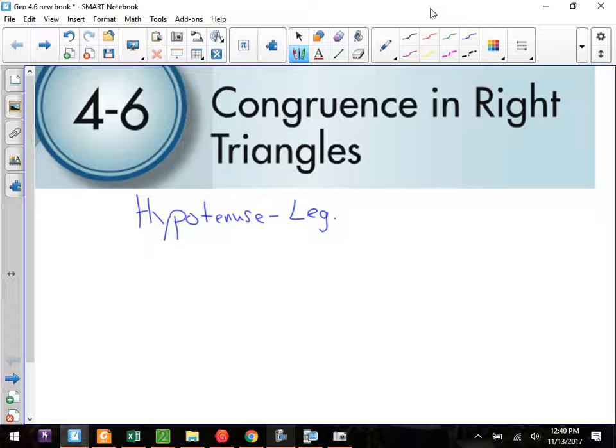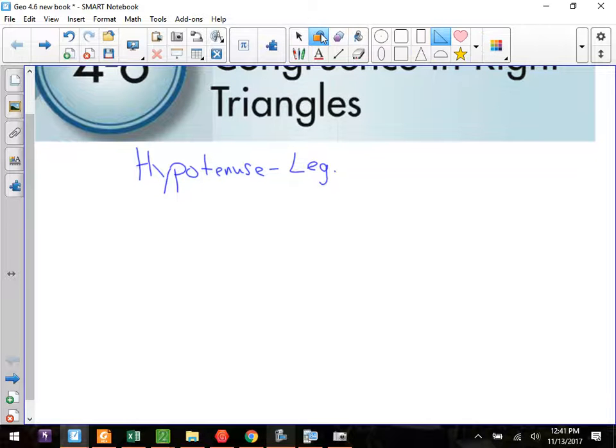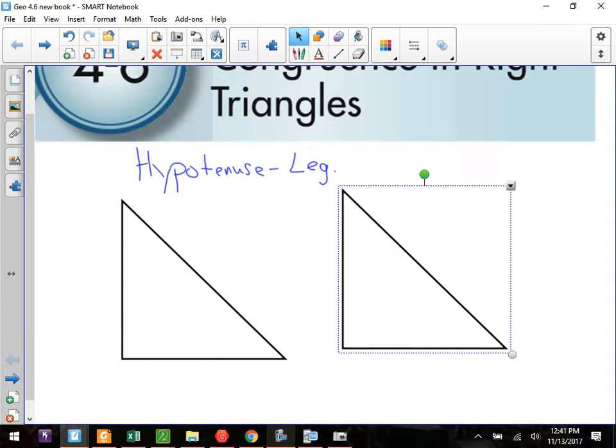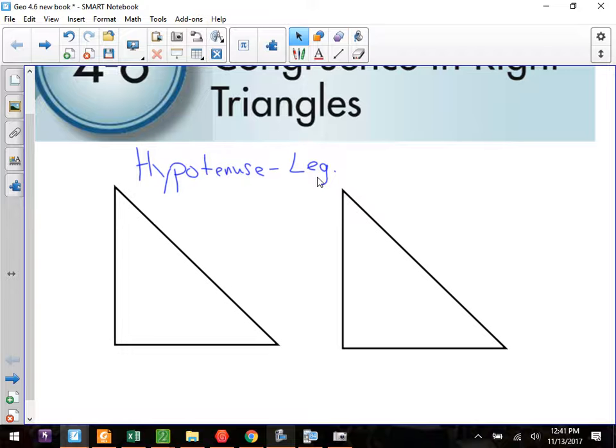In a right triangle, where is the hypotenuse always located? Opposite side. Perfect. The hypotenuse will always be located opposite the right angle. That's one thing that's always for certain in these. The hypotenuse is always opposite the right angle.